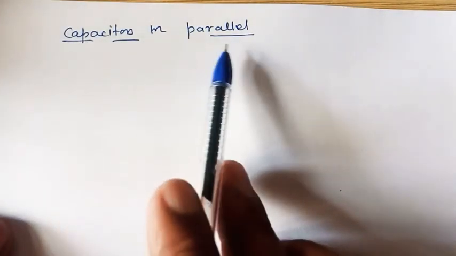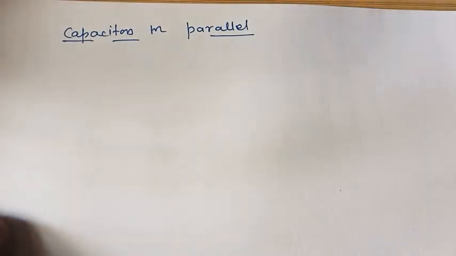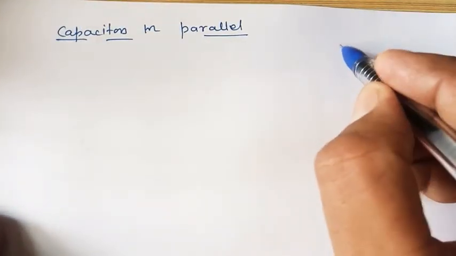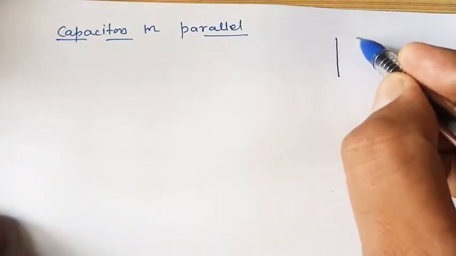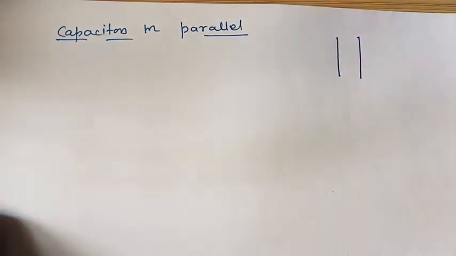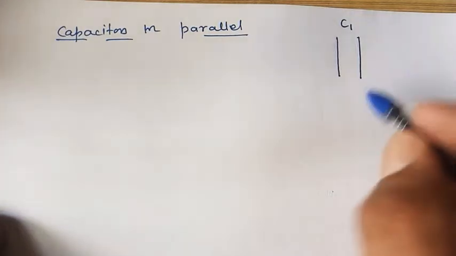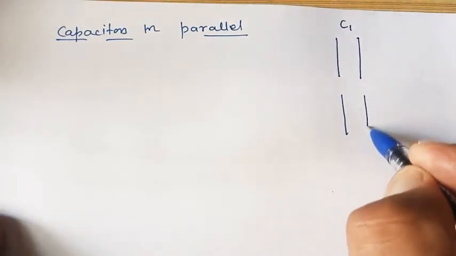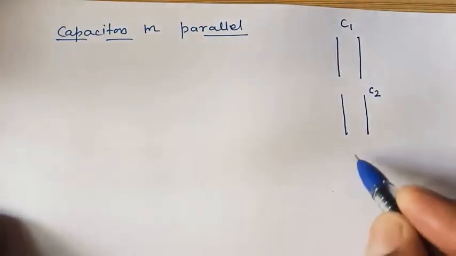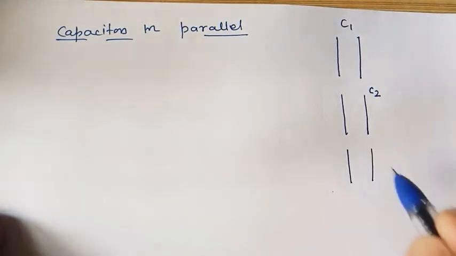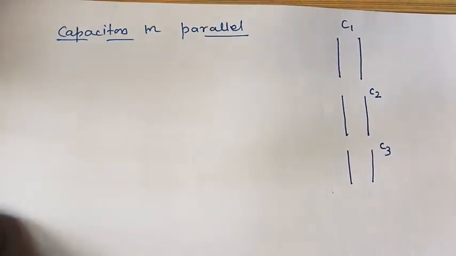So now, the capacitors in parallel. In the parallel combination, you will join the capacitors like this. Let this be a capacitor of capacitance C1, and another capacitor of capacitance C2, and another capacitor of capacitance C3 here.